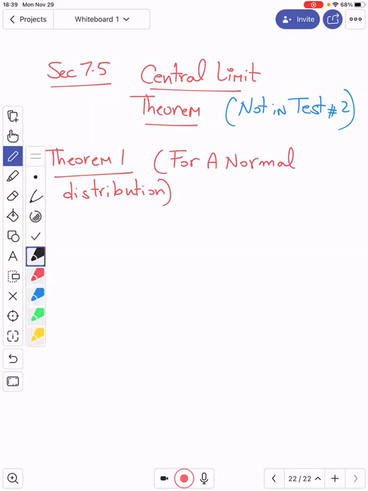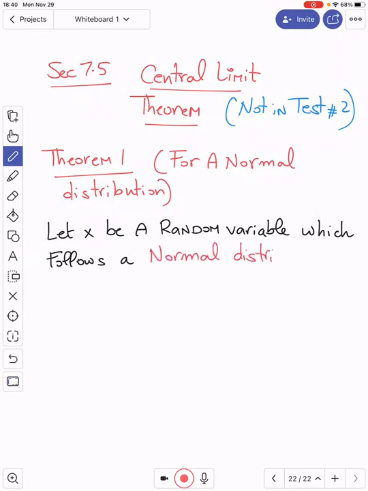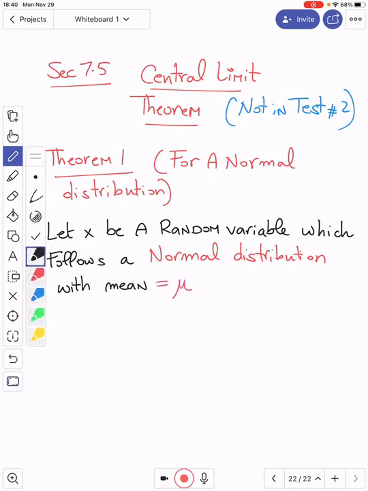Let x be a random variable which follows a normal distribution, with mean equal to mu and standard deviation equal to sigma.